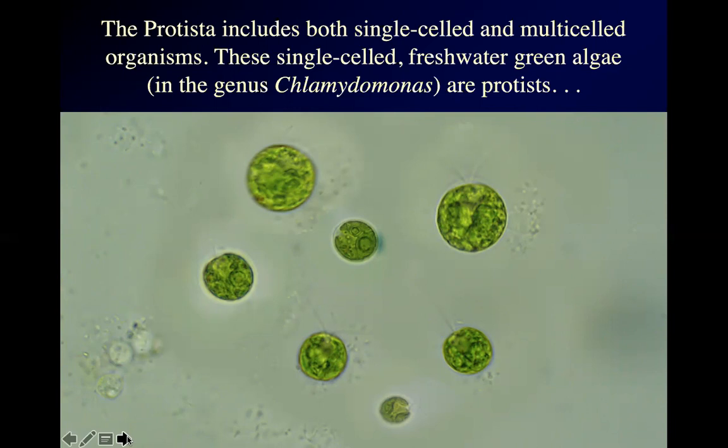They carry out photosynthesis, meaning they generate their own food and energy from small molecules using sunlight as a power source. They happen to be in the genus Chlamydomonas, and they're just one cell. They are single-celled eukaryotic organisms.